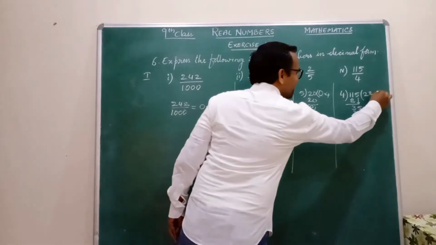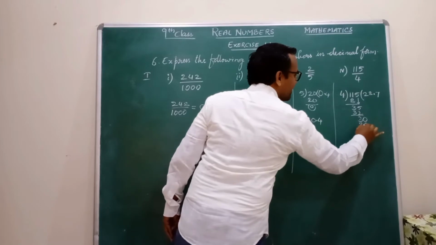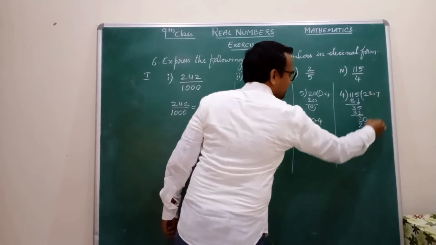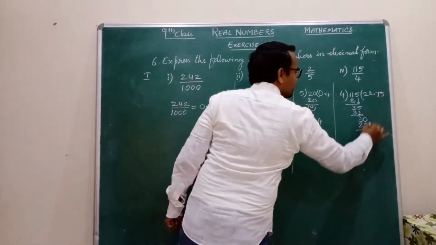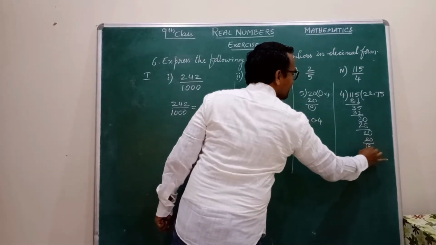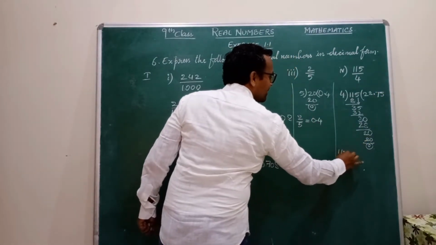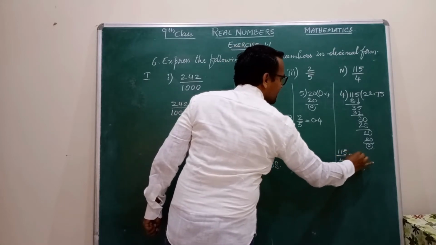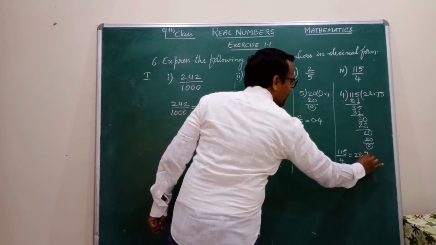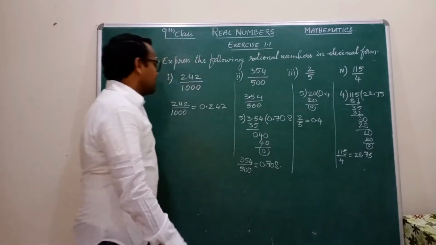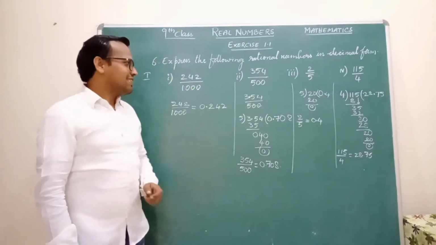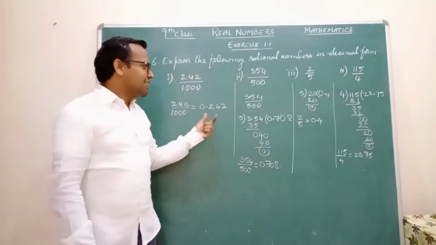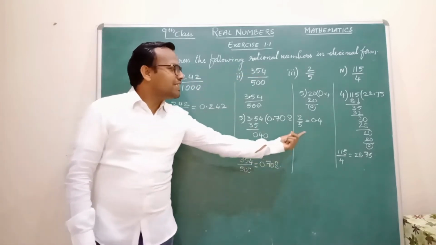Now 4 sevens are 28. 2 is the remainder. Then point is there, so you can take 0. 4 5s are 20. So 115 by 4 is nothing but 28.75.